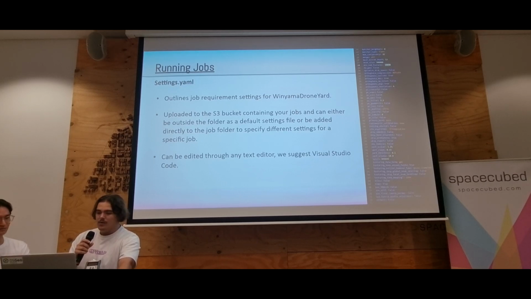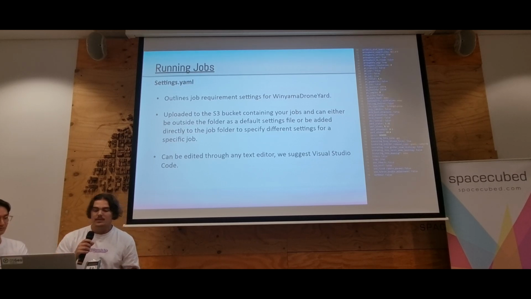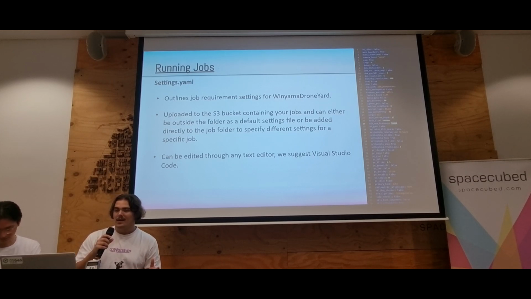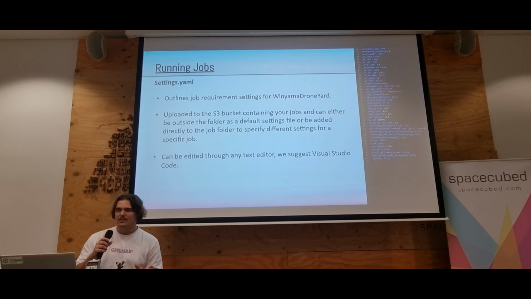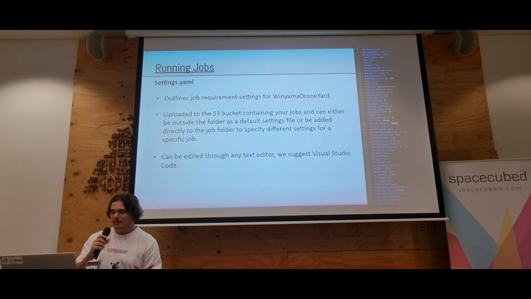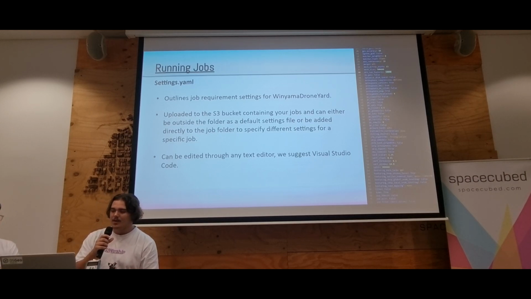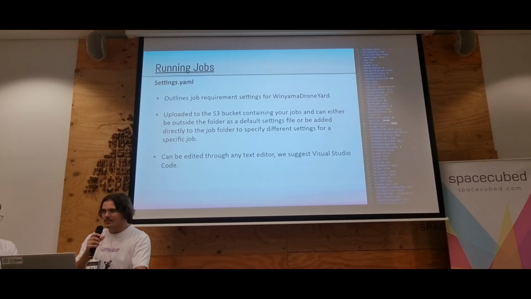You keep it in your S3 bucket containing your jobs to set default settings. If you want to set specific settings for a different job, you can add that file to your job folder. You can edit this file through any text editor, but Visual Studio Code is best practice for us.